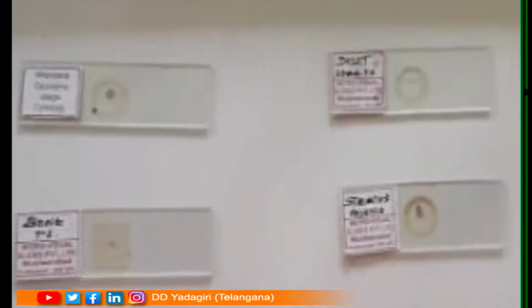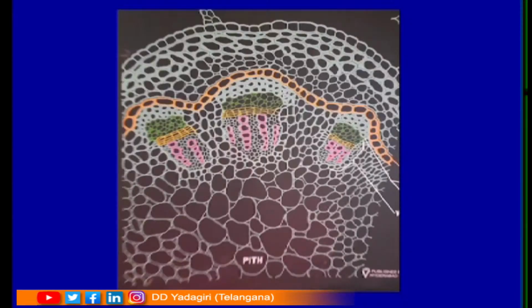Here you see these are the slides as seen under the microscope. Don't you feel amazed, children? The plant has so many cells? Yes, and you see their arrangements also here.